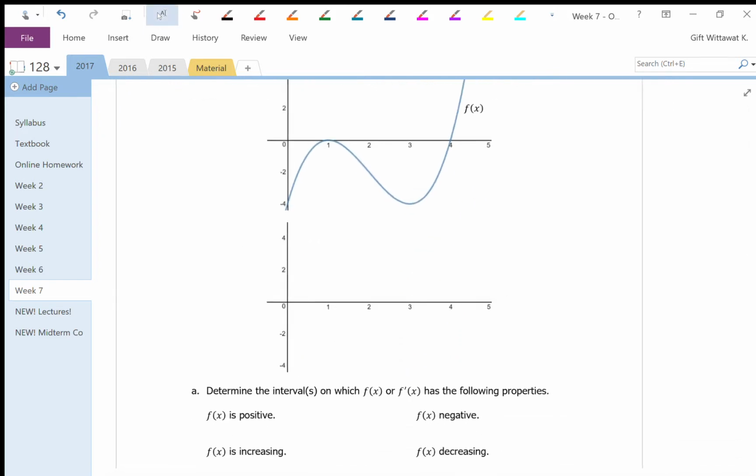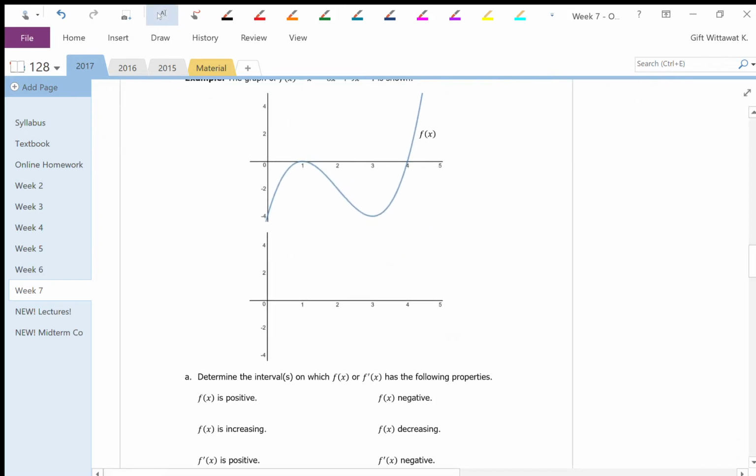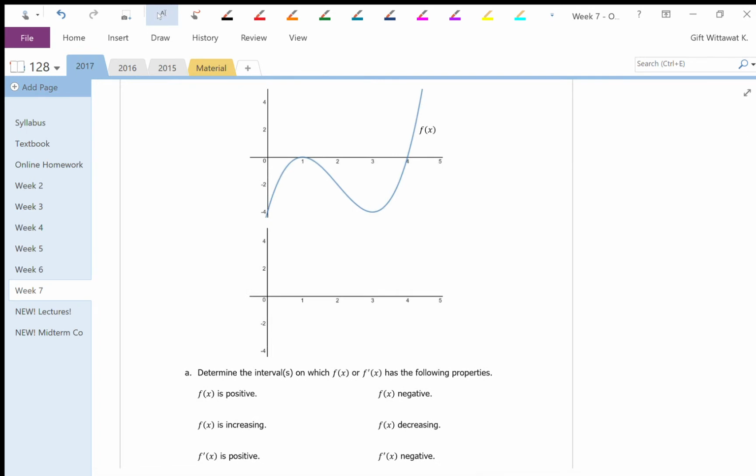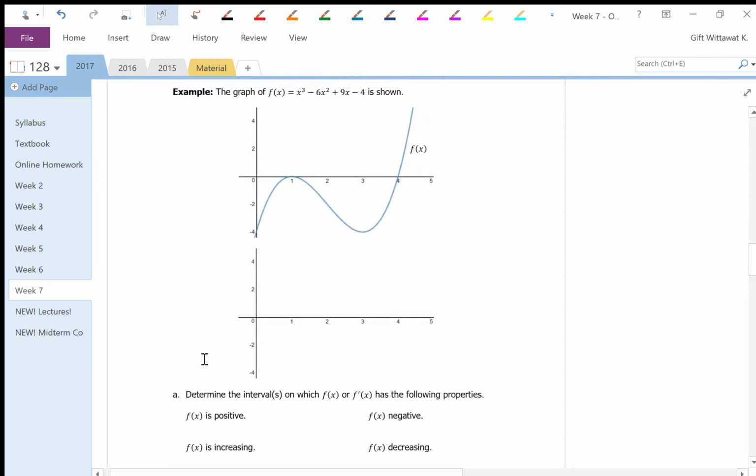Now, I'd like to determine the intervals on which my function has the following properties. First one, my function is positive.